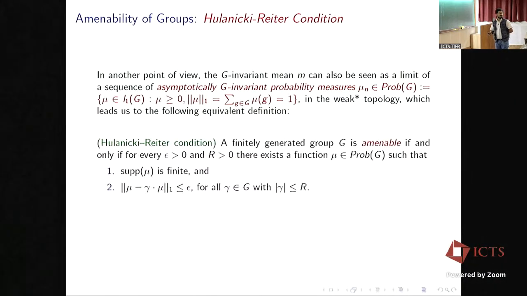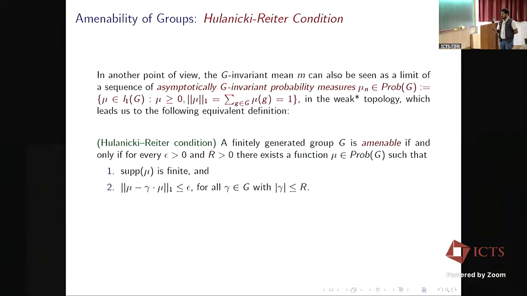So you can make epsilon as small as possible. So it's a finitely supported probability measure, and you translate the measure by the group element gamma, and the L1 difference between these two, so gamma dot mu is also a probability measure, is very small.